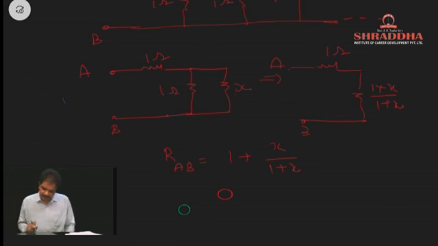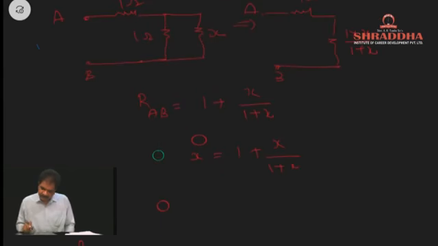That's why R_AB value will again be X, so X is equal to 1 plus X by 1 plus X.